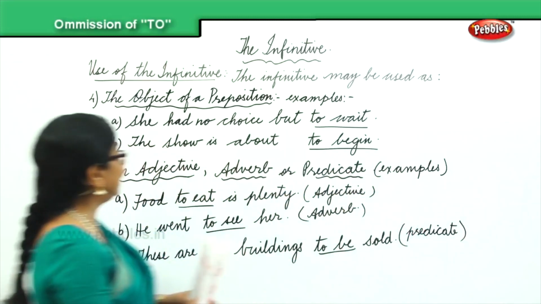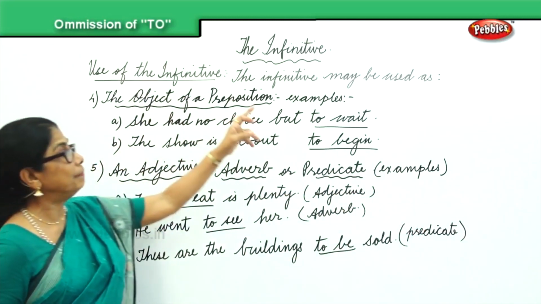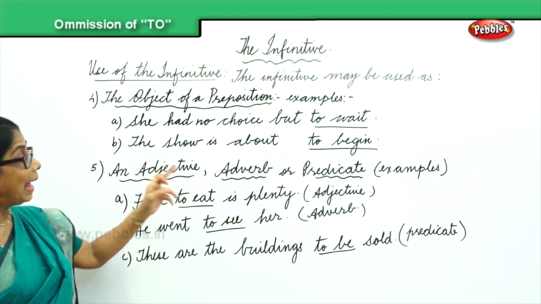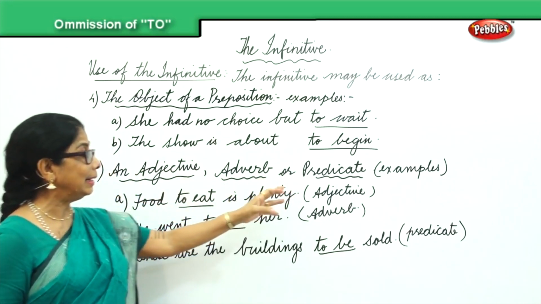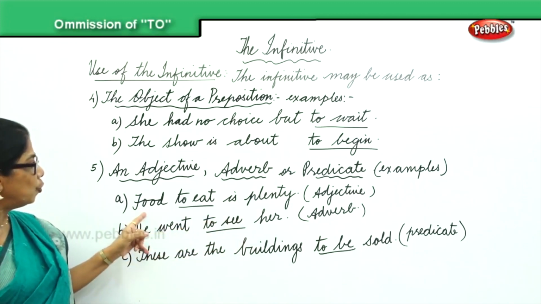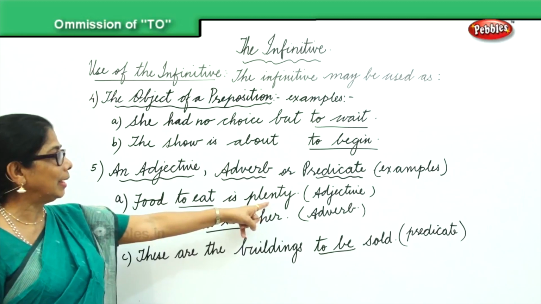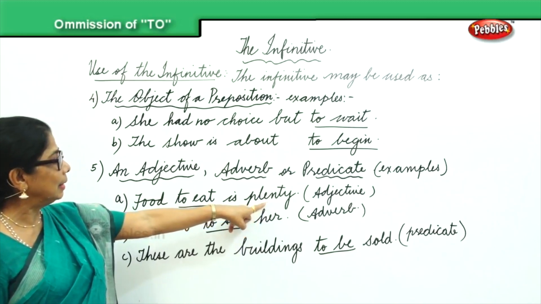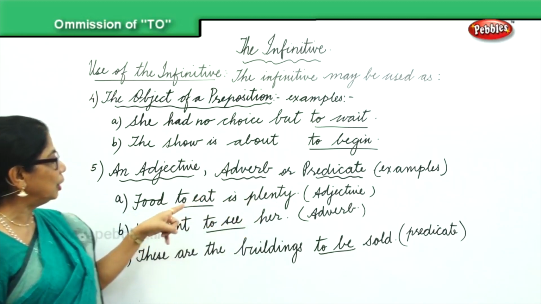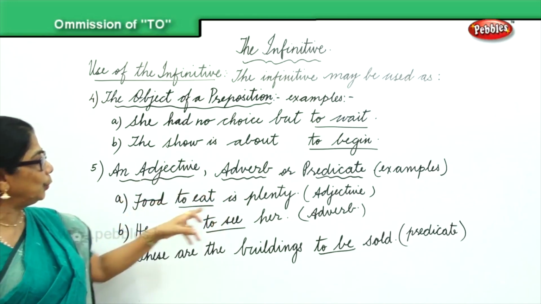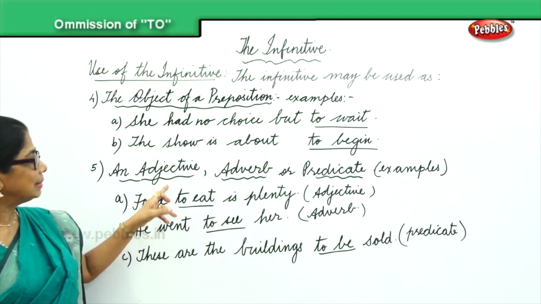Okay, so we said the infinitive may be used as an adjective, adverb, or predicate in sentences. Food to eat is plenty. Plenty is an adjective, so in the first sentence, to eat is used as an adjective.